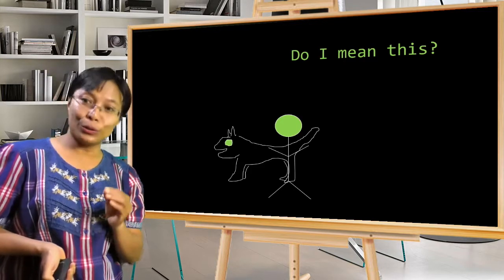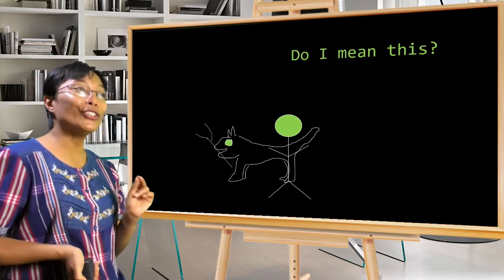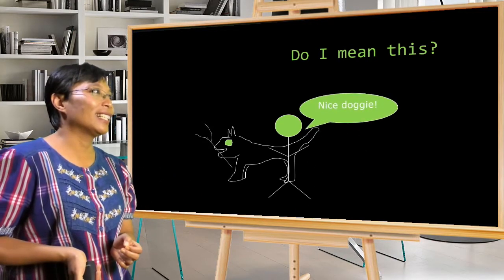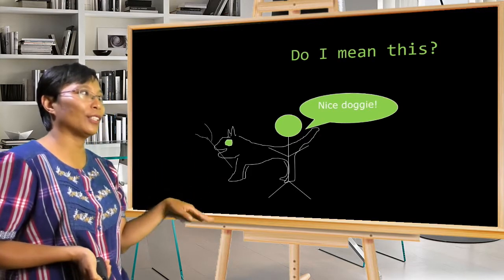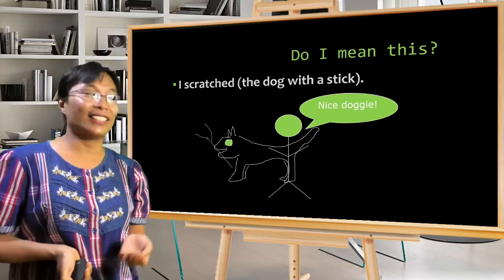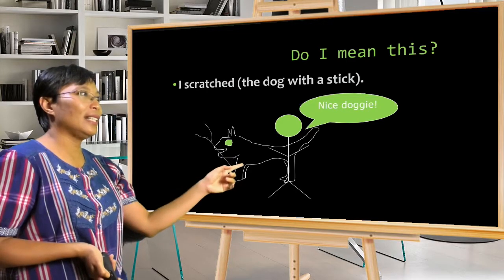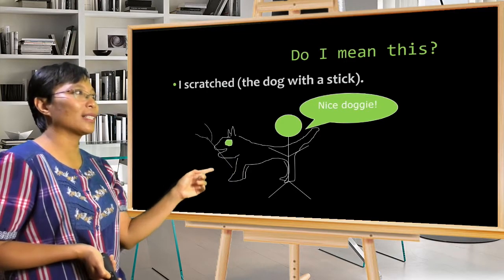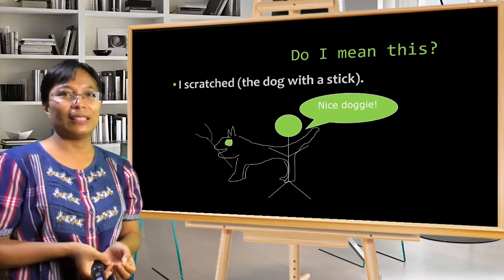So I do not use the stick, but the dog is holding the stick. And the man here patted the dog. Oh, nice doggy. And the analysis is different. When it is like this, it means that the stick is with the dog, so "the dog with the stick" should be in one unit.